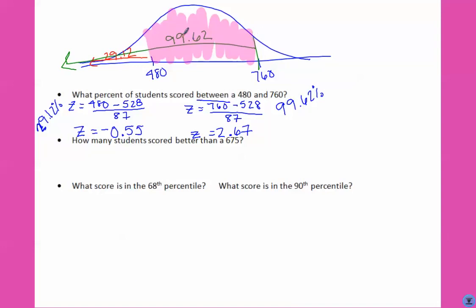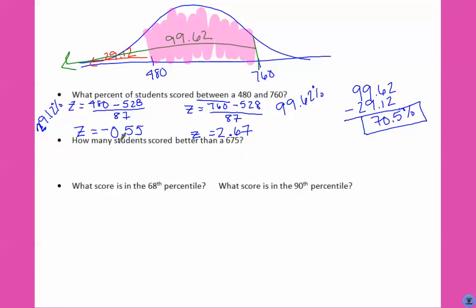Well, we could take this whole amount, subtract off this end that we don't want, and that'll give us how much is in between. So 99.62 minus 29.12 leaves us with 70.5% are in between 480 and 760. So a decent amount of students.